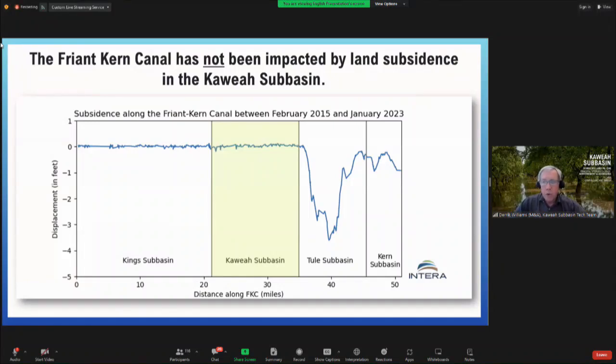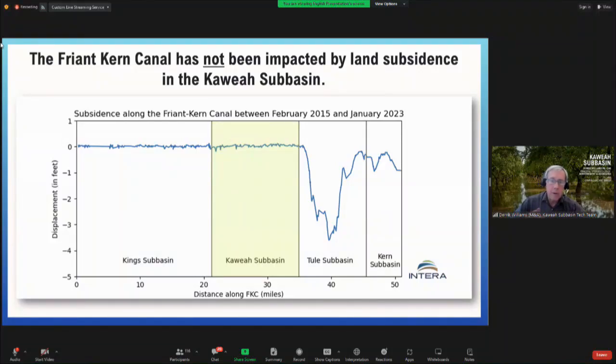The GSAs' threshold of no new subsidence along the Friant-Kern Canal is consistent with historical subsidence rates. This chart shows that there's been no historical subsidence observed in the Kaweah subbasin along the Friant-Kern Canal. And this is consistent with our minimum threshold of zero subsidence.